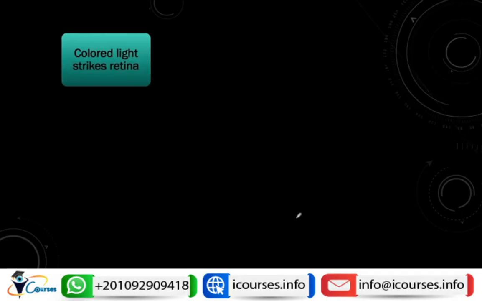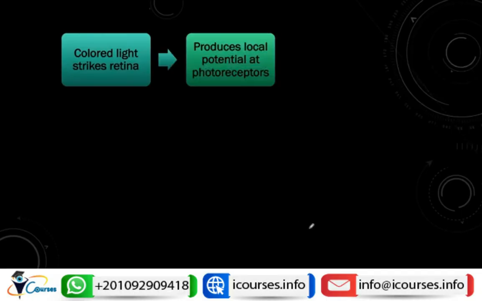So under the day condition, the colored light strikes the retina, and then this will produce local potential at the photoreceptors. So if there is a red color, this will cause a stimulation of the red cones, leading to electrical current in the red cones, and this electrical current will be transferred from the photoreceptors to the bipolar cells.